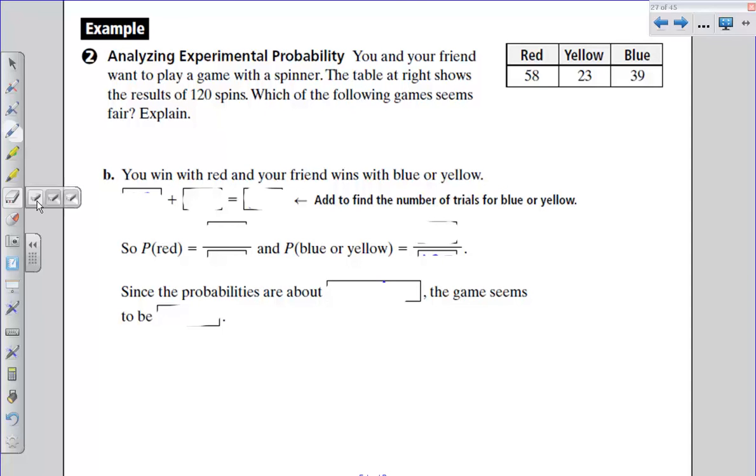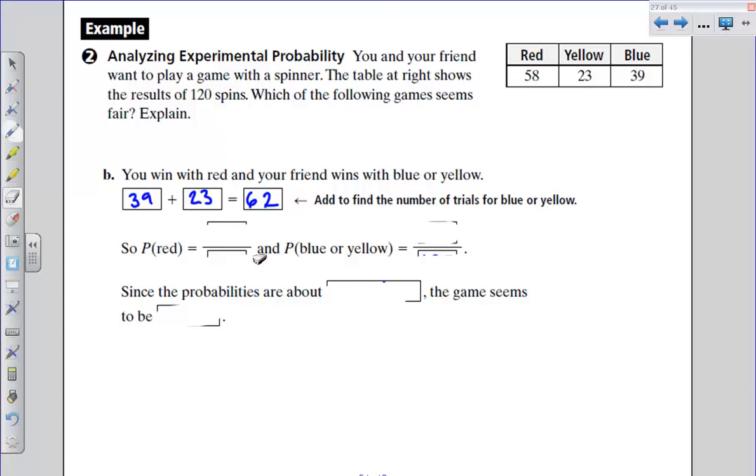Let's take a look at another one. Again, we still have 120 spins that we're doing. And this time, I win with red, and my friend can either win with blue or yellow. So we want to find blue or yellow. So blue is 39, so I'm going to add up 39 and yellow is 23. So 39 plus 23 gives me 62.